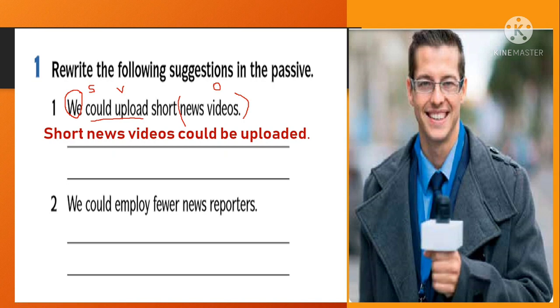So the object is now at the beginning of the sentence. From we could upload short news videos, when you change to passive voice, it becomes short news videos could be uploaded. So what about number 2? The active voice, we could employ fewer news reporters.